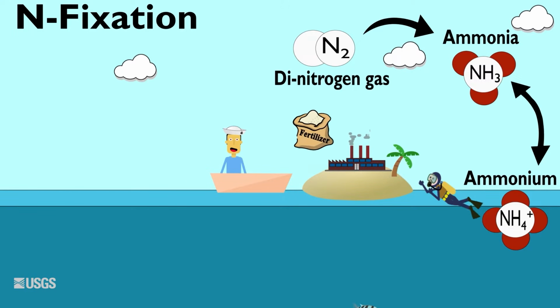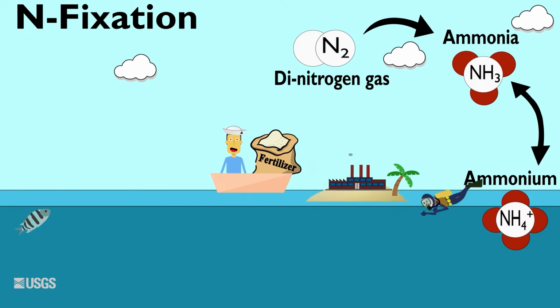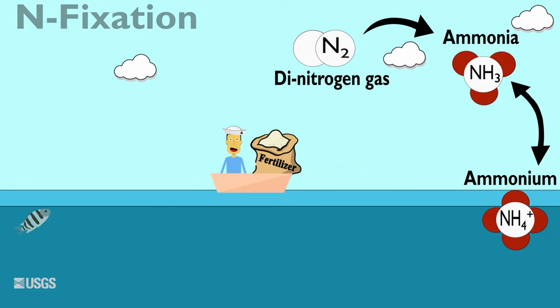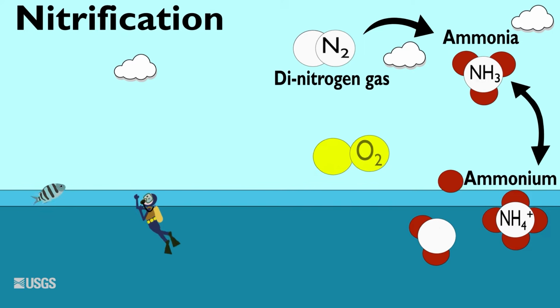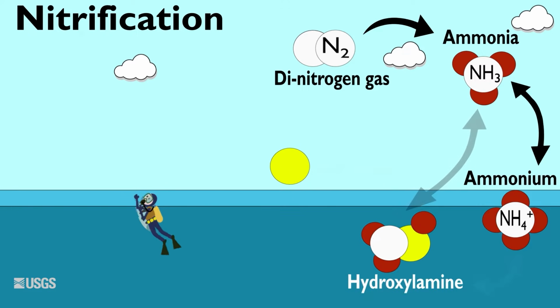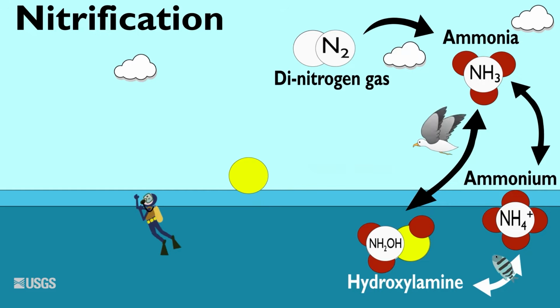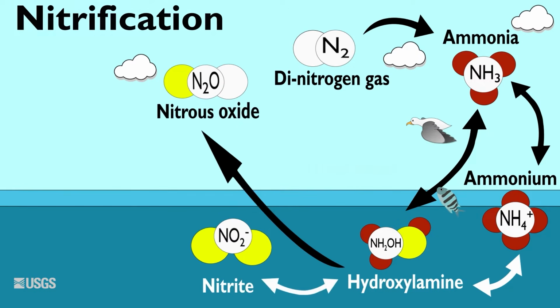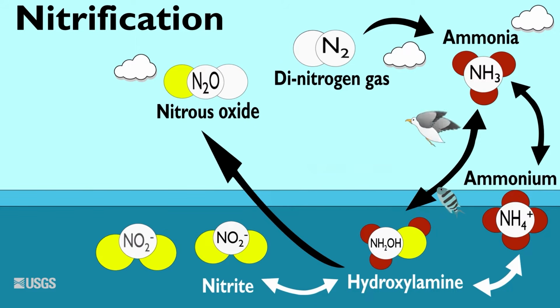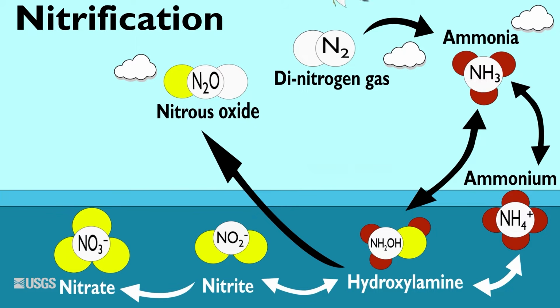Haber-Bosch is an industrial method used to make nitrogen fertilizers. Ammonia and ammonium are then oxidized by microbes to hydroxylamine, nitrous oxide, nitrite, and nitrate in a series of reversible processes.